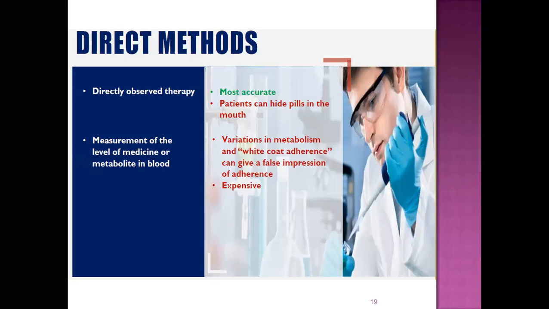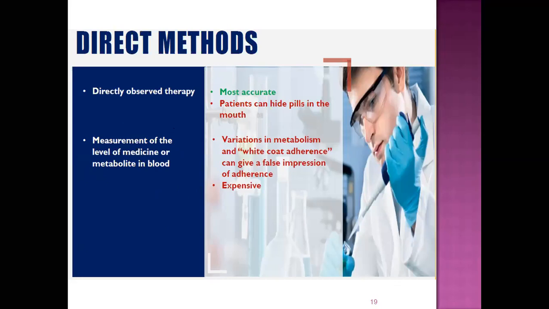The second direct method is measurement of the level of medicines or metabolites in blood. Whatever the blood reports show can be measured in this direct method, whether the medicament is available in the blood or not, which we have to count in the biological lab.